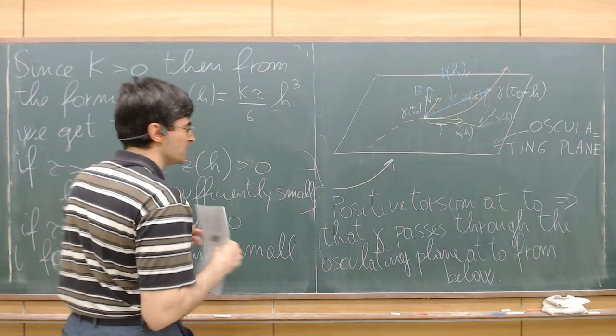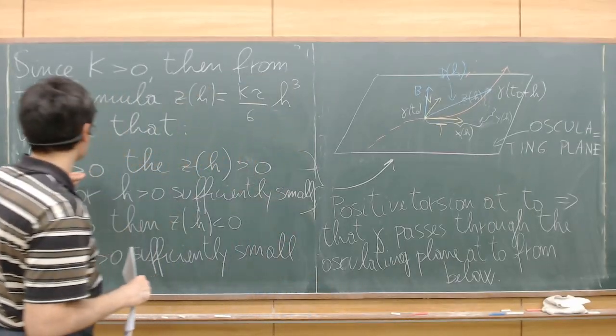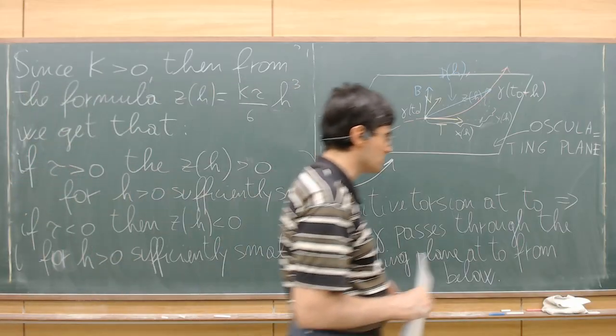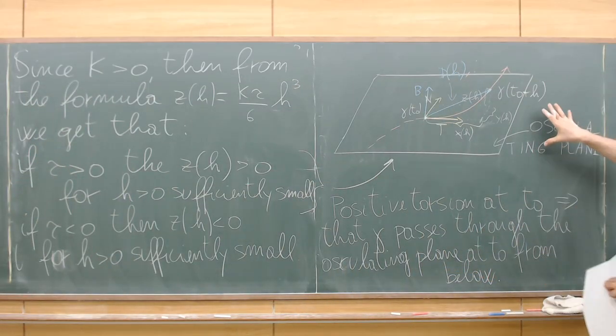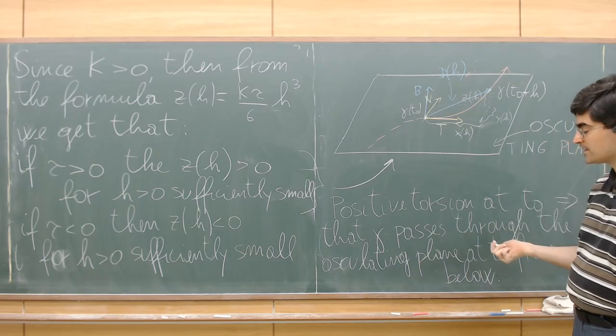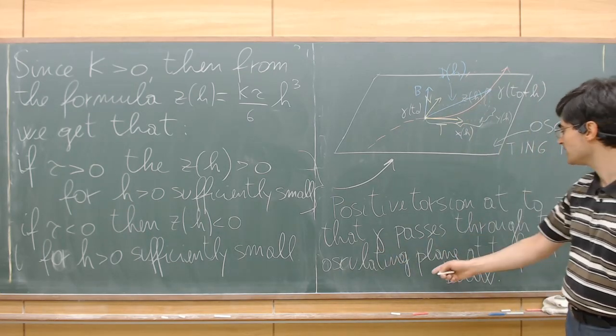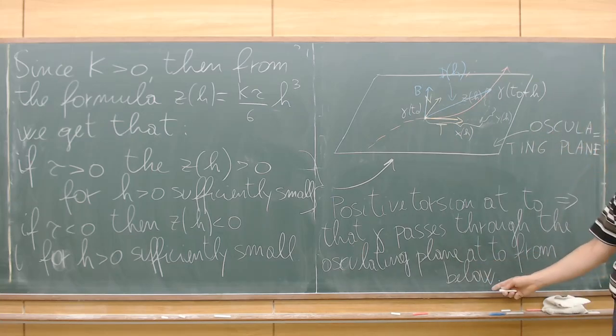Of course, if the torsion is negative, then z of h is negative. So this means that the corresponding picture is not this one. We can say that gamma passes through the osculating plane from above.